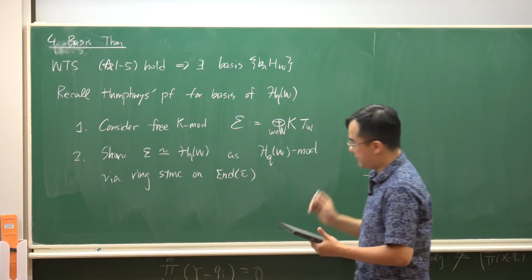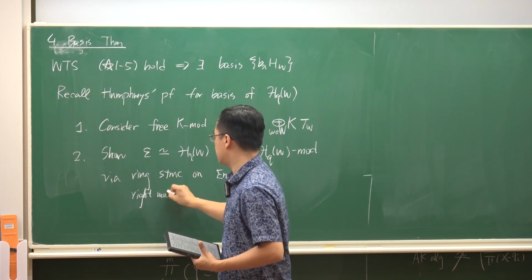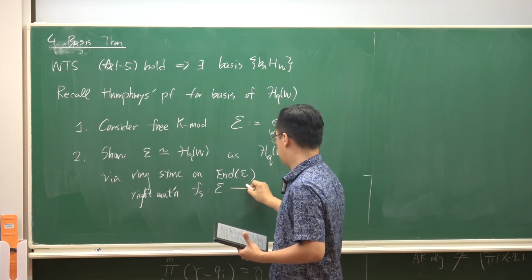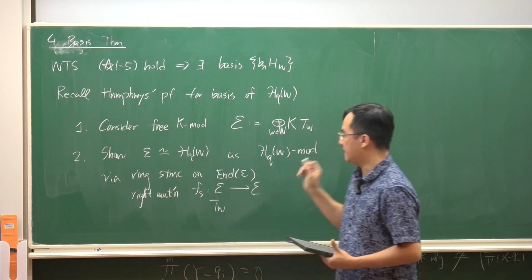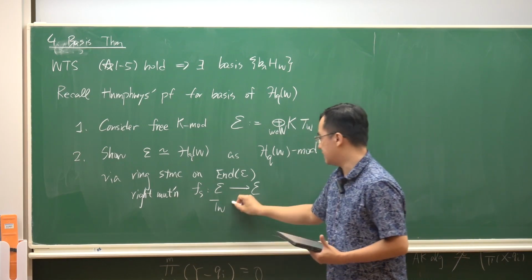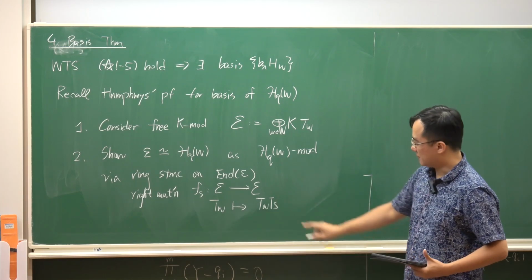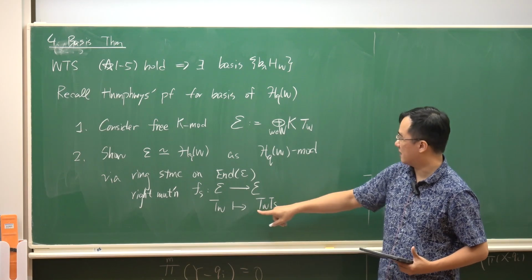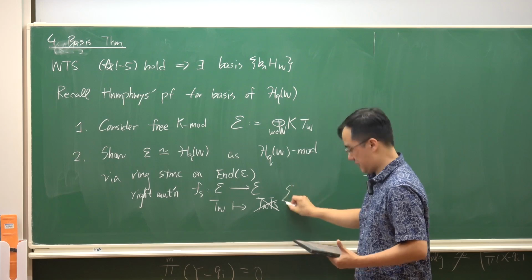And in particular, he needs some right multiplication, F_s, that reflects the fact that you have a multiplication rule sending this to T_w T_s. So when I write this, this is actually illegal because the multiplication of this is not in this form. So you have to write it in cases.